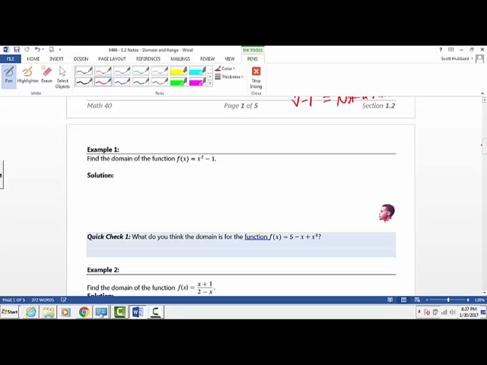We'll make it clearer. So let's find the domain of this guy. So here it's x squared minus 1. Now this is a parabola. Okay, and so on this problem, there's no denominators, and there's also no square roots.